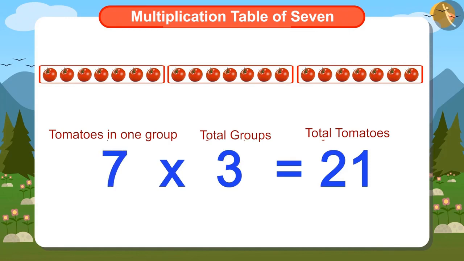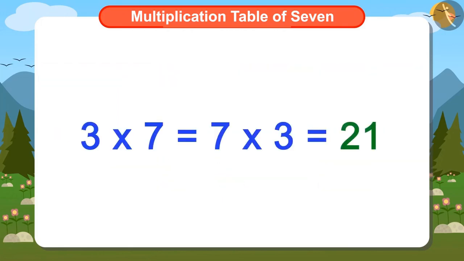Now observe that the number of tomatoes is still 21, but there are 7 tomatoes in one group and the total number of groups is 3. This means that whether 3 is multiplied by 7 or 7 is multiplied by 3, the answer will be 21.